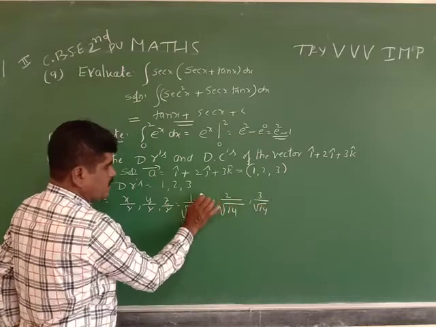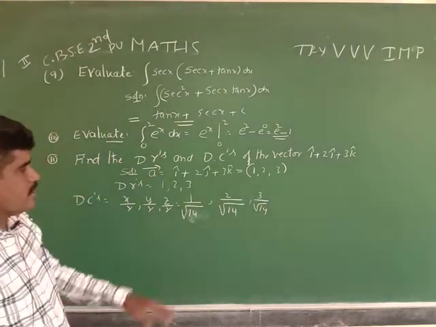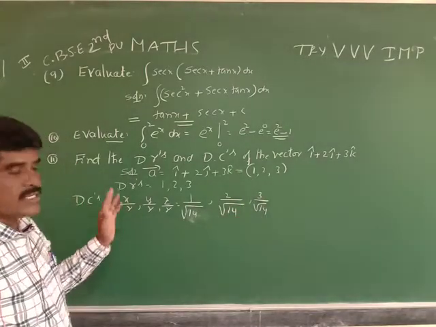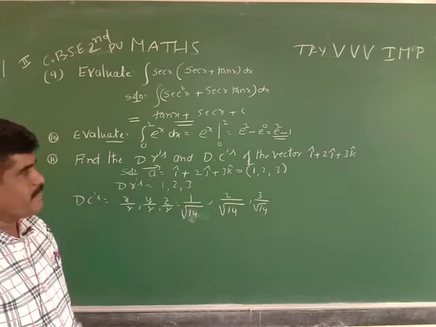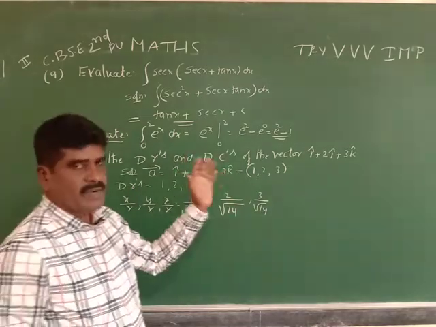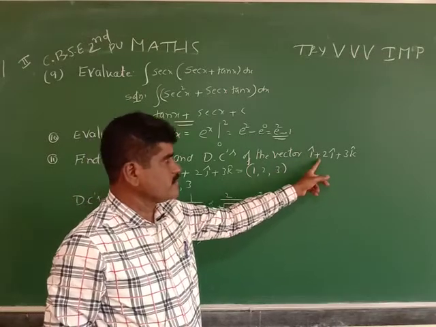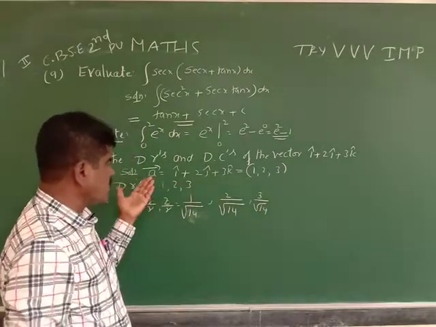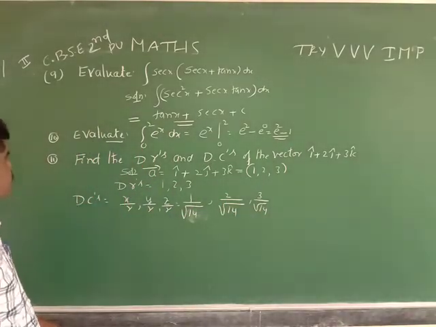Simplify here. 1 by root 14, 2 by root 14, 3 by root 14 are the direction cosines. Direction ratios 1, 2, 3. For practice, change the vector, take 2i minus 4j minus 6k or any vector, and ask for direction ratios and direction cosines.